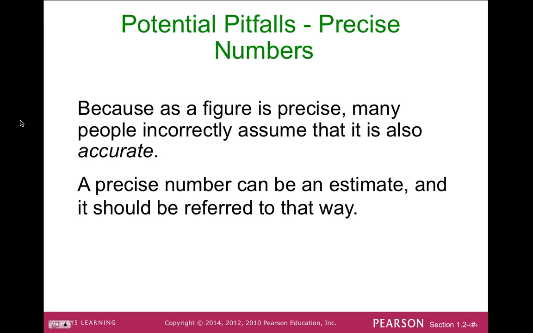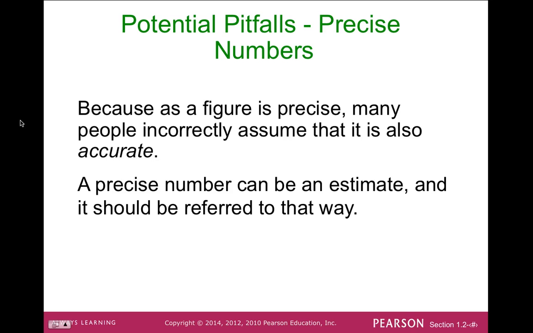Another potential pitfall is precise numbers. The takeaway here is that sometimes when a number is very precise, people assume that precision equals accuracy. A lot of the time it's easy to make that mistake, but a precise number can also just be an estimate.